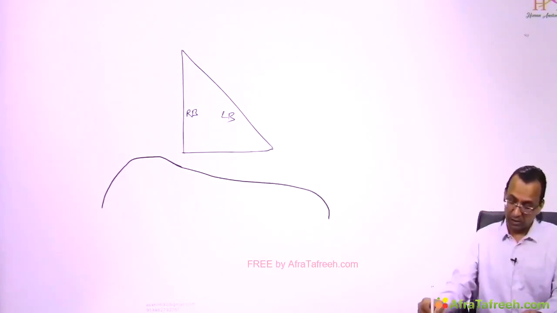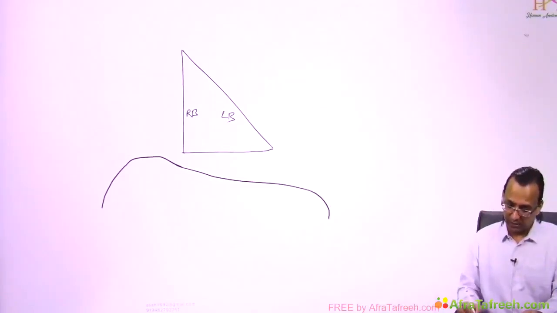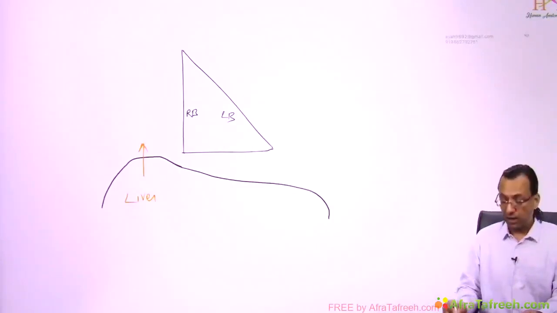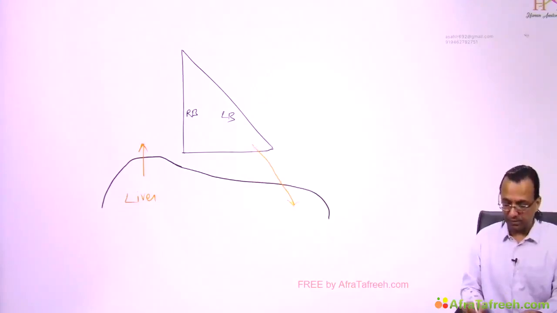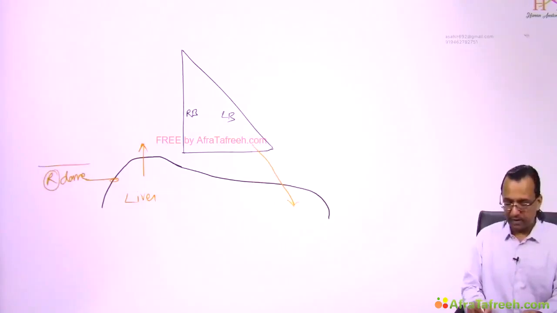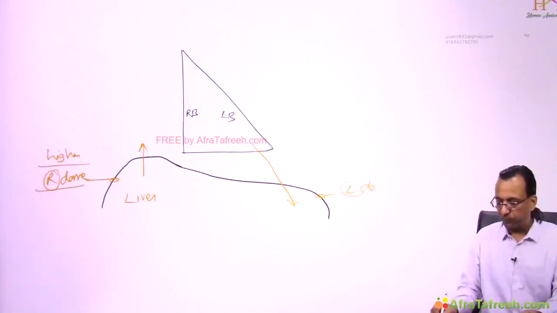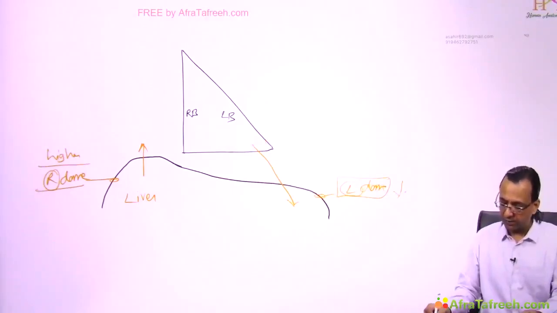Due to the liver, the right dome is higher, and due to the heart, the left dome is lower. This is the right dome of the diaphragm which is higher, and this is the left dome of the diaphragm which is lower, because the heart is pushing it down.